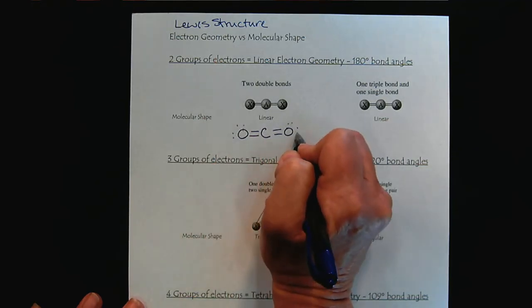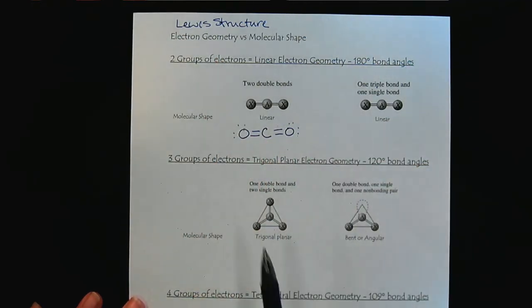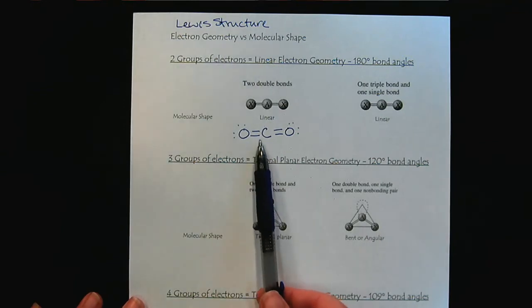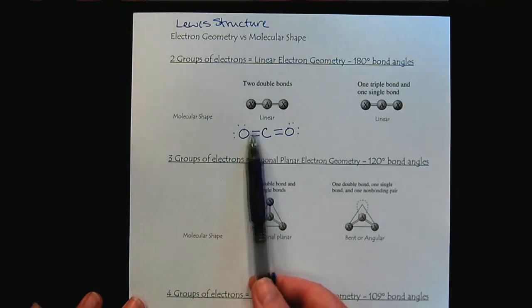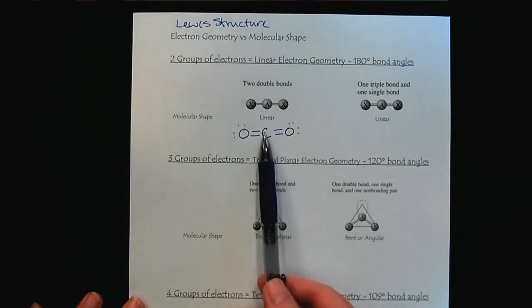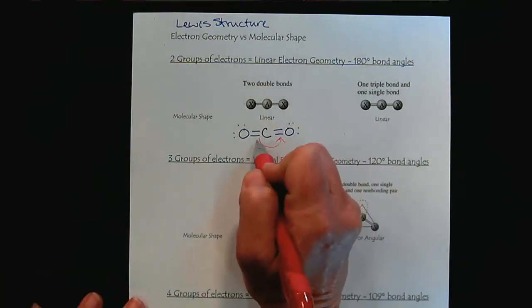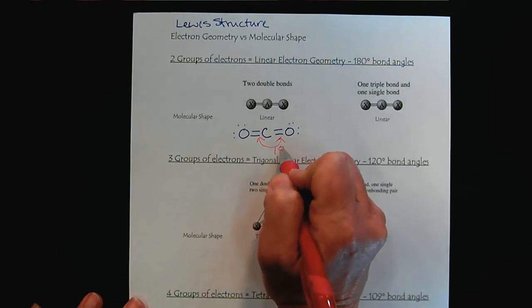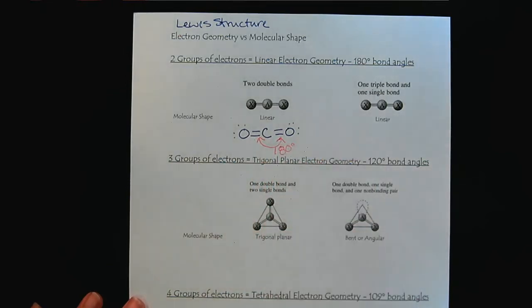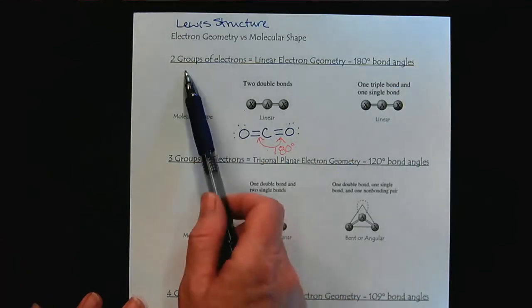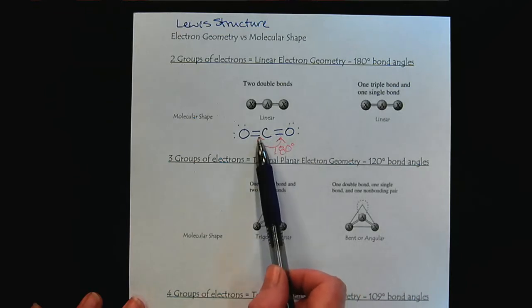This can be an interesting thing when we're first working with this theory: a double bond is considered one group of electrons. So we have two groups of electrons, and they are going to orient themselves to be as far apart as possible. So we get our 180-degree bond angles. When we're talking about the electron geometry, we're looking at the electrons.